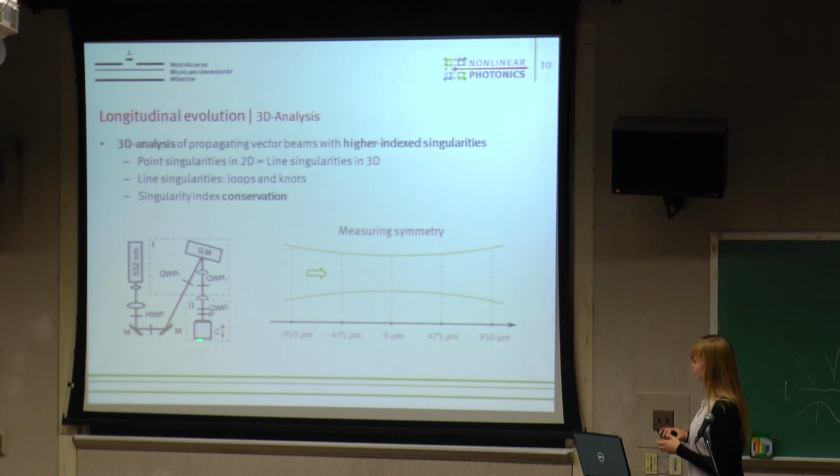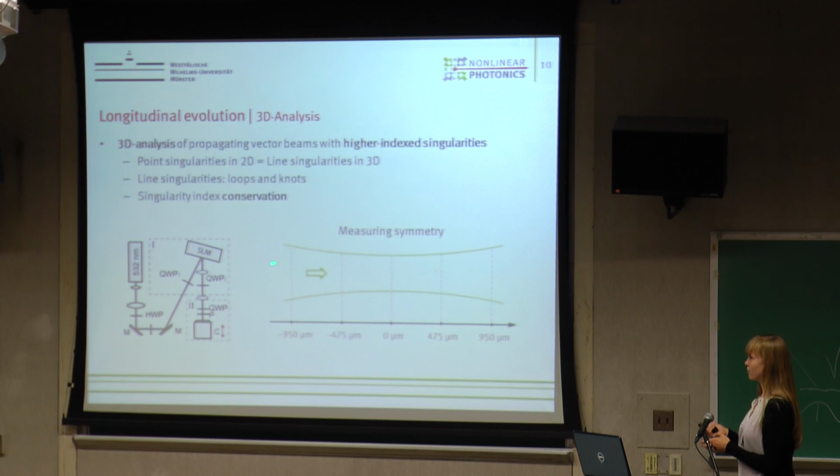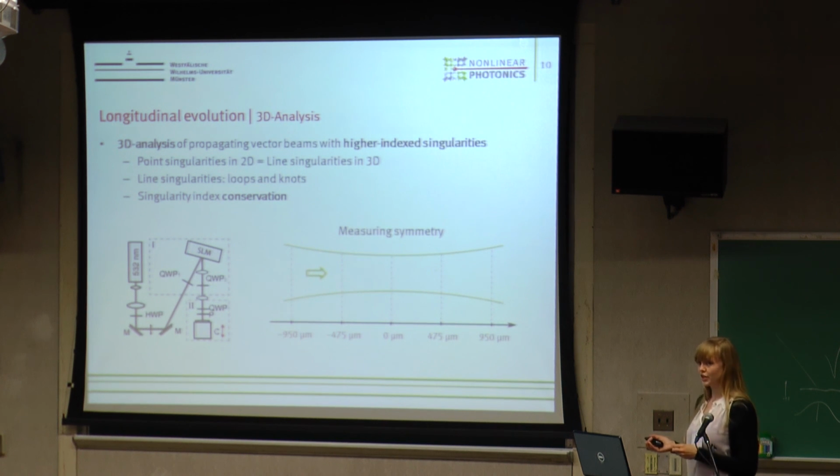But now if we shift our measurement system in propagation direction, we are measuring different planes of our beam, which is propagating. So we are measuring not the image plane, but before and after, as if we would take a look at a not sharp image. But then the polarization pattern changes with propagation. So yes, it changed with propagation.